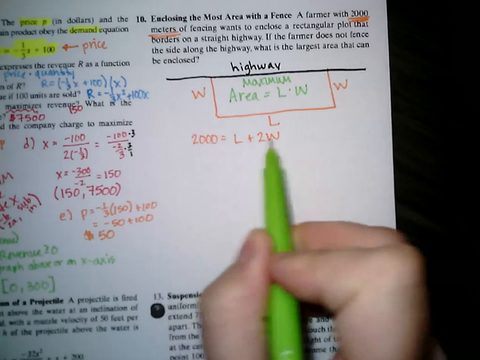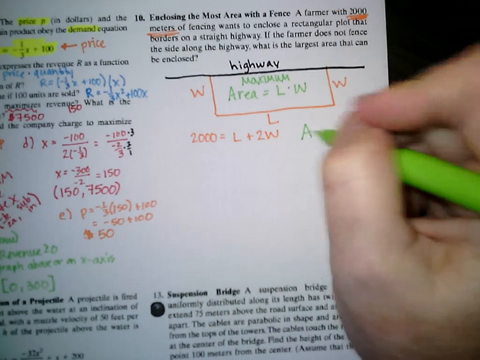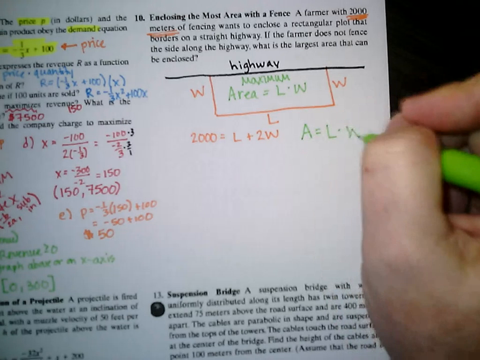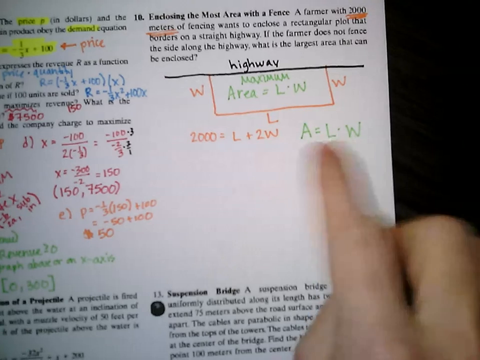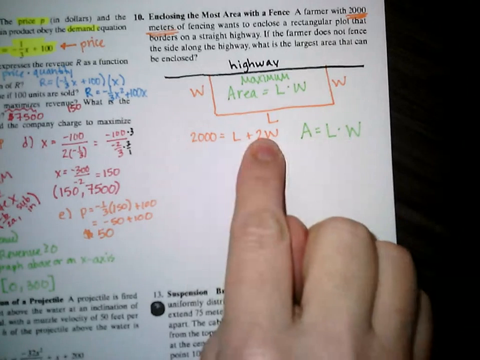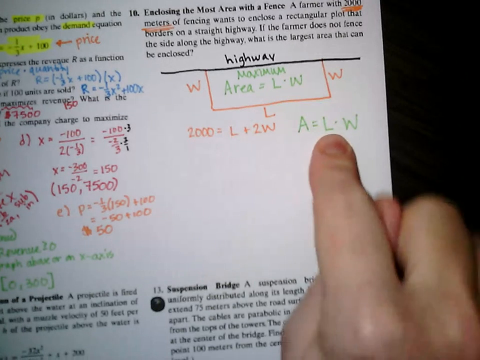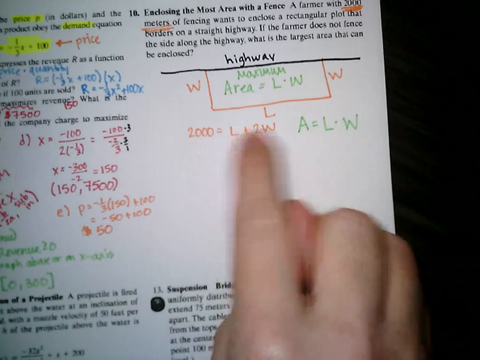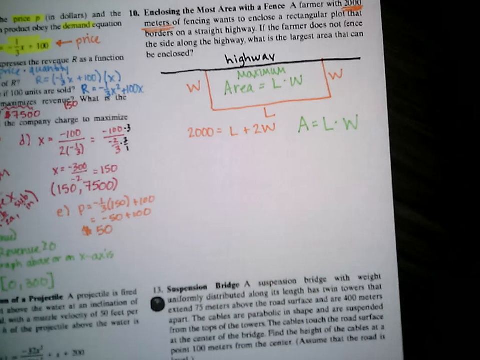So I'm going to use this relationship here to make a replacement. In my area equals length times width, I'm going to be replacing one of those variables by using this formula. I think what I will do is replace the L because I know I can just subtract that 2W over and then I won't have to deal with any fractions.